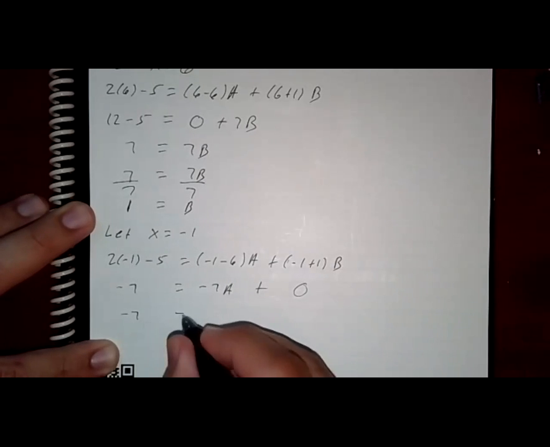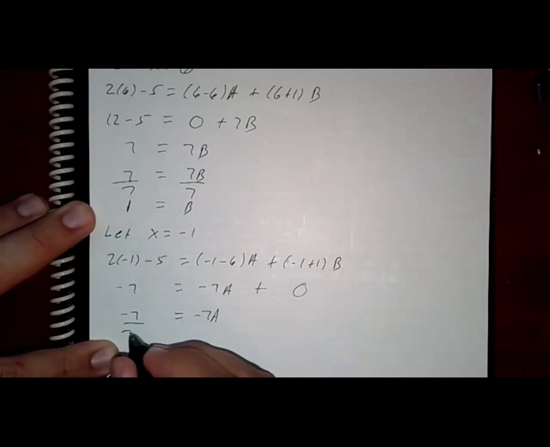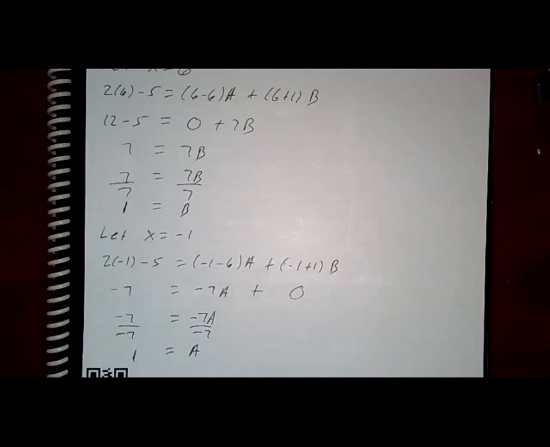So -7 equals -7a. So divide both sides by -7. So 1 is equal to a. Double check my work here. Yeah, looks good.